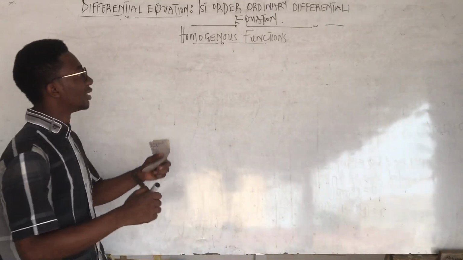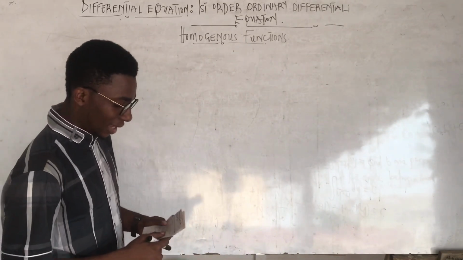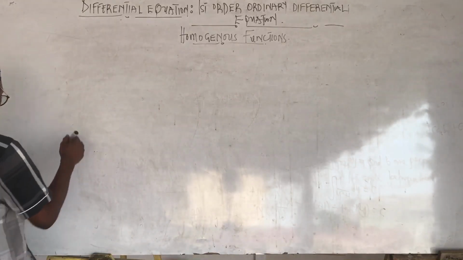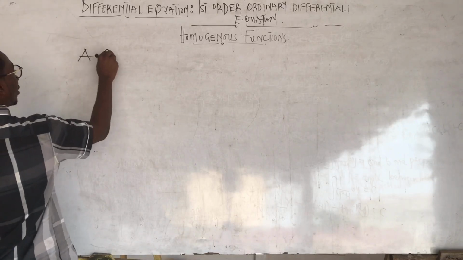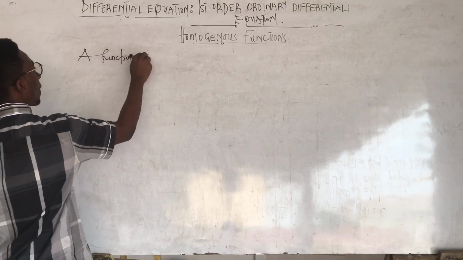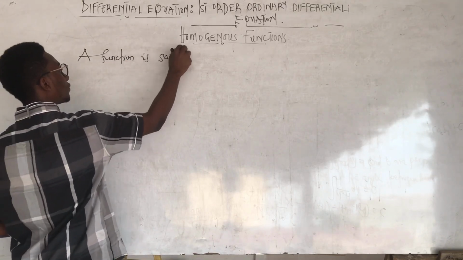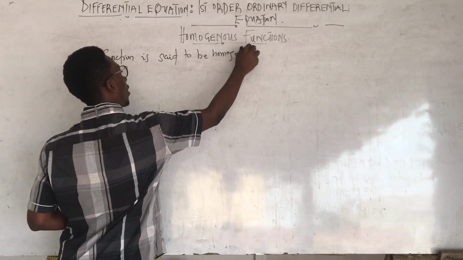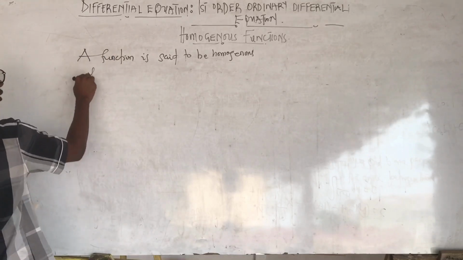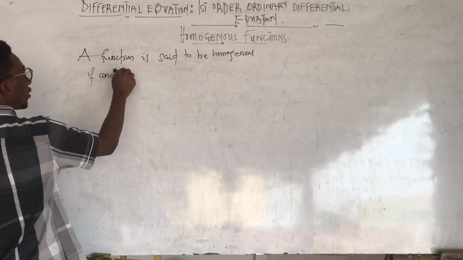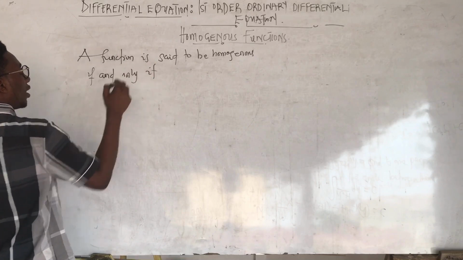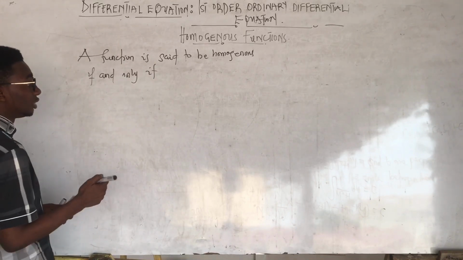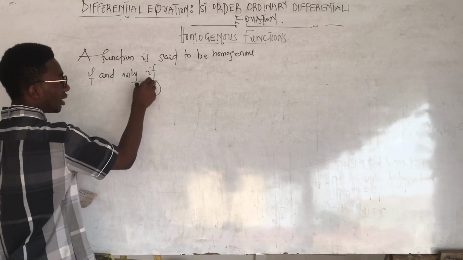When do we say a function is homogeneous? A function is said to be homogeneous if and only if we introduce a factor known as lambda.